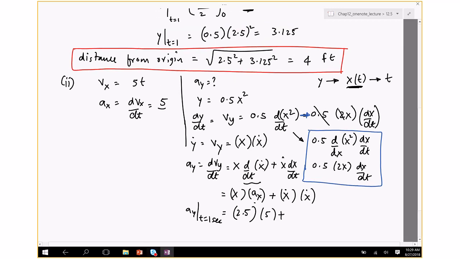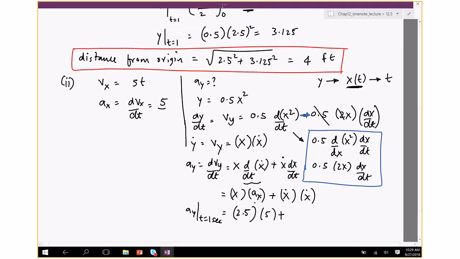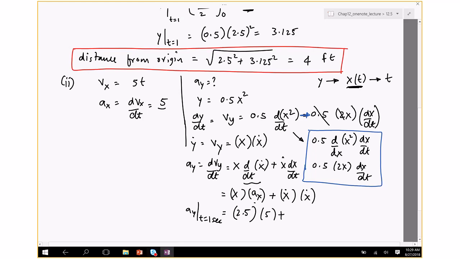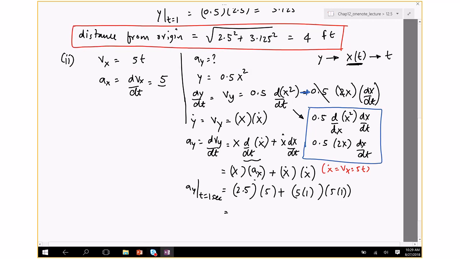X dot is Vx, which is 5t. So I can write that as 5 times 1 because time is 1, and again 5 times 1. So that comes up to 37.5.